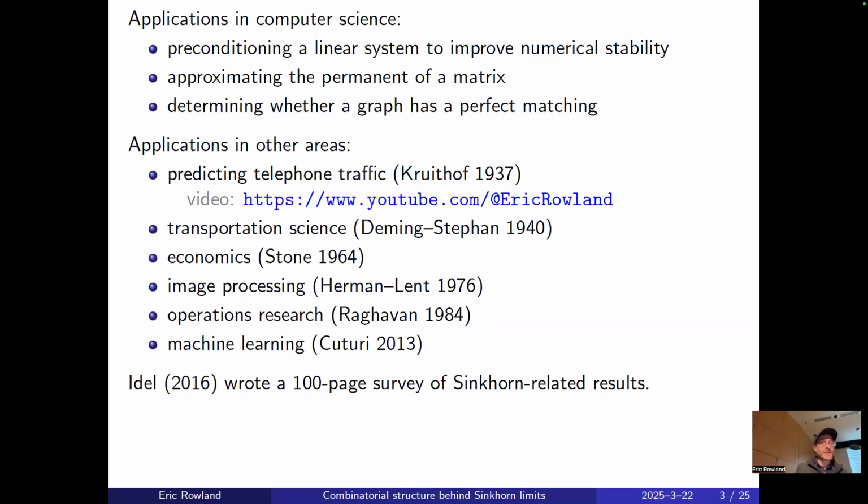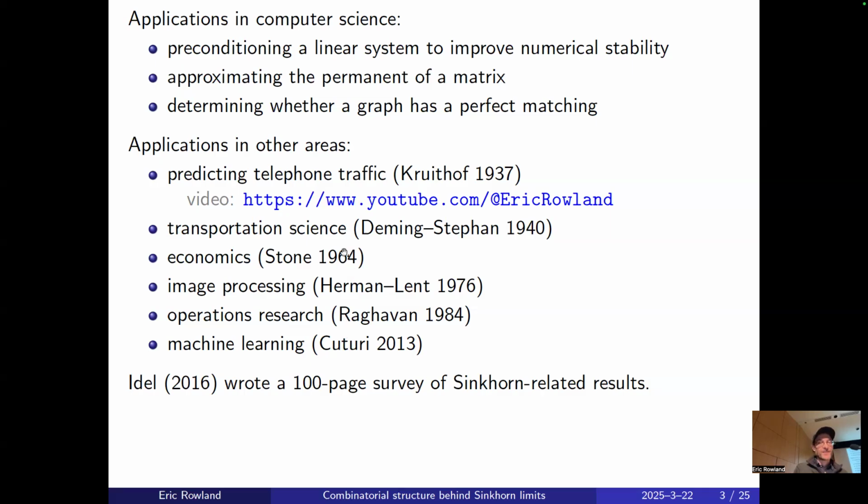They're useful for approximating a matrix, which has applications in determining whether a graph has a perfect matching. And this iterative scaling process was also rediscovered many times independently in predicting telephone traffic, in transportation science, economics, image processing, operations research, and most recently in machine learning.